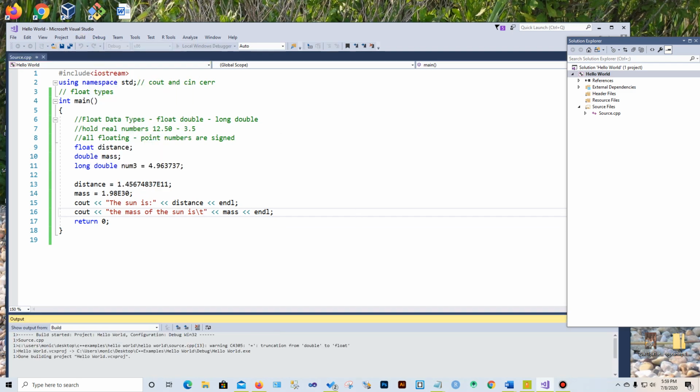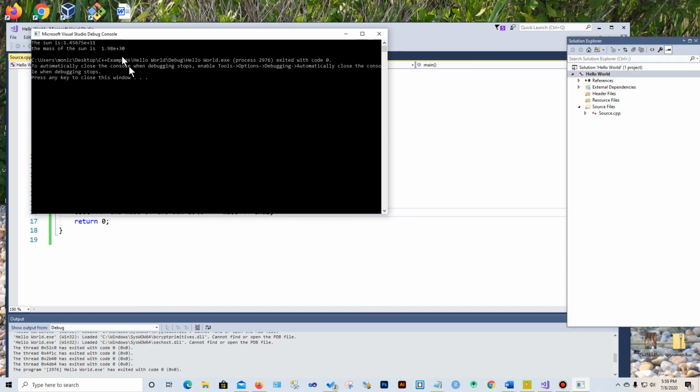Once you debug this, you see the information here. It doesn't give you all the numbers, it gives you a kind of scientific notation. I am not 100% sure about that because the book says it's kind of scientific notation, but it's not really important.